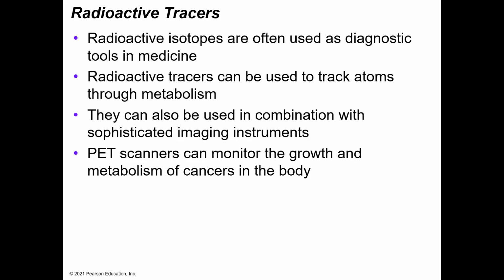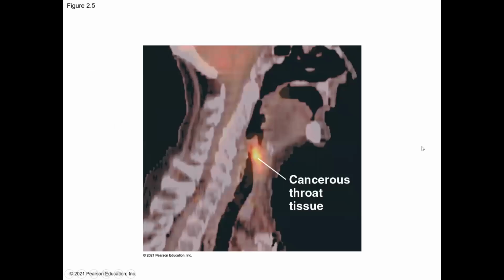Or for imaging, for example, you'll get an IV where you'll get injected with the tracer, the dye in your blood, and it will travel throughout your body so that the PET scanners and the other imaging equipment can scan your body and see what's going on, which we know has been very helpful in the fight against cancer. So this is showing you cancerous throat tissue here in the body.